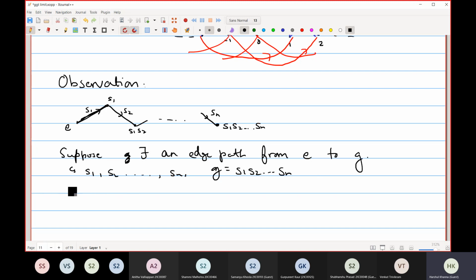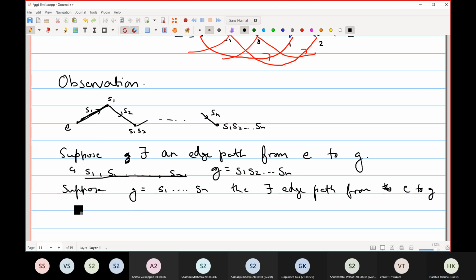And for the other way around, suppose G was equal to some multiplication of your generating elements, suppose S1 till Sn. Then there exists an edge path from E to G which has these labels in order, right?